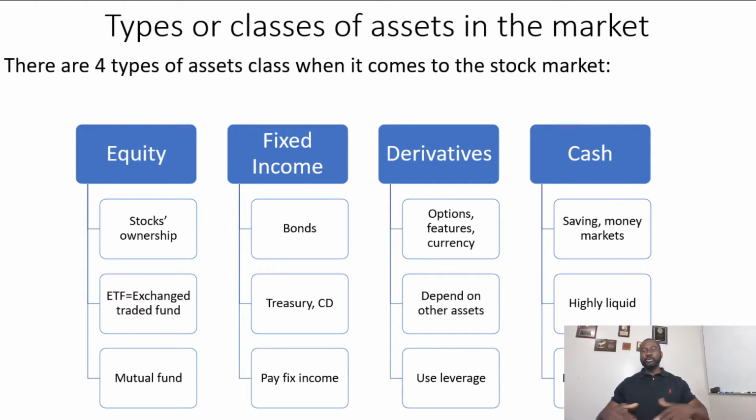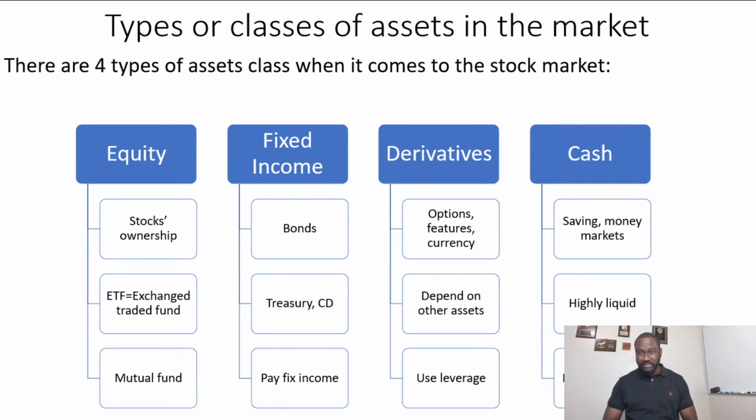So instead of needing a lot of money, you use leverage to be able to buy it if you want to. That's the key. Those are derivatives. You don't own the asset; you leverage on it, or if you want to buy the asset, you buy an option to buy it and pay a premium.